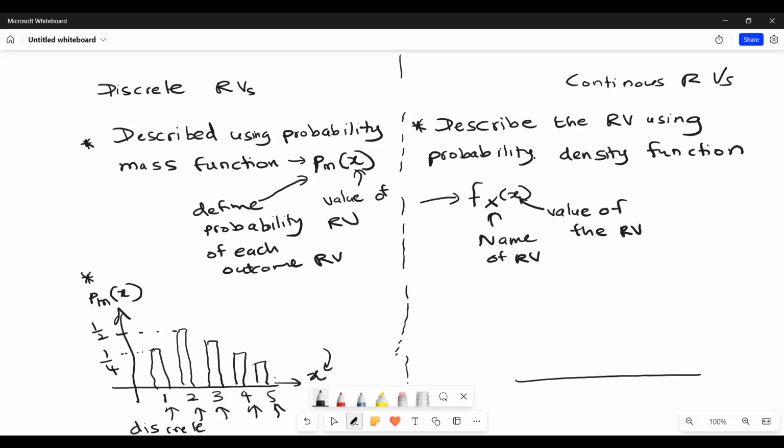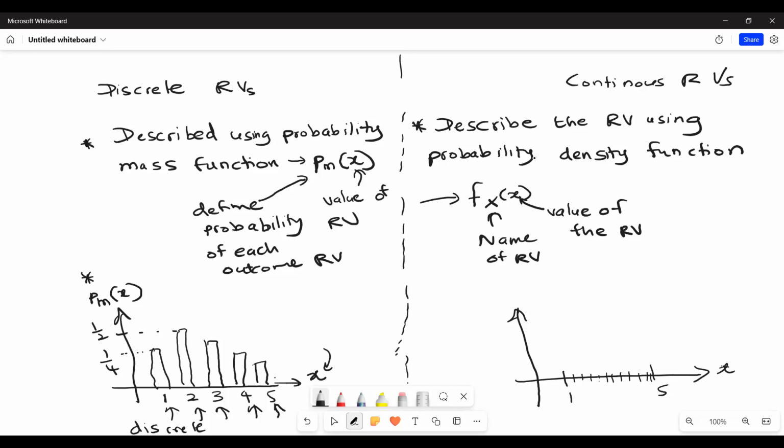Then we have the other type where we have the random variable x, and in here the random variable x is continuous. That means if we have two values in the graph, let's say 1 and 5, then all these intermediate values have a certain probability of occurring.